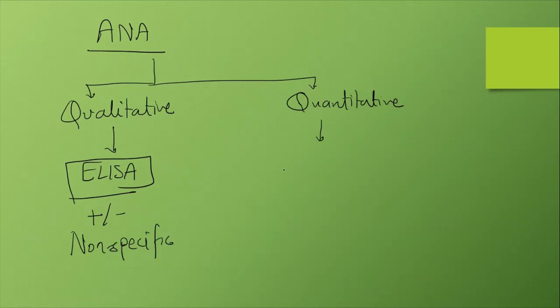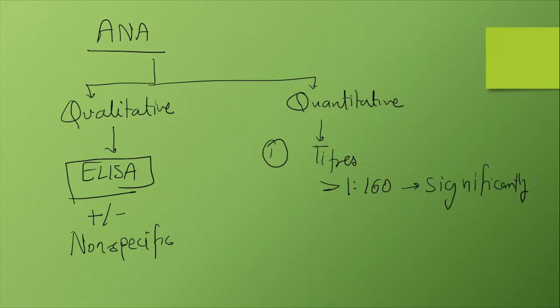Whereas for a quantitative test, we can do titers. If the titers are more than 1:160, this is considered to be significantly positive. Very, very important question when it comes to ANA screening: how much titer is significantly positive? More than 1:160 is positive.